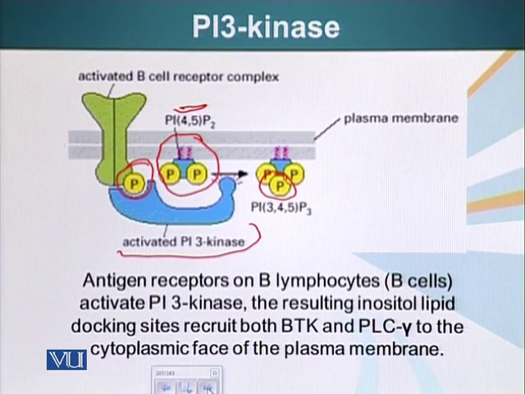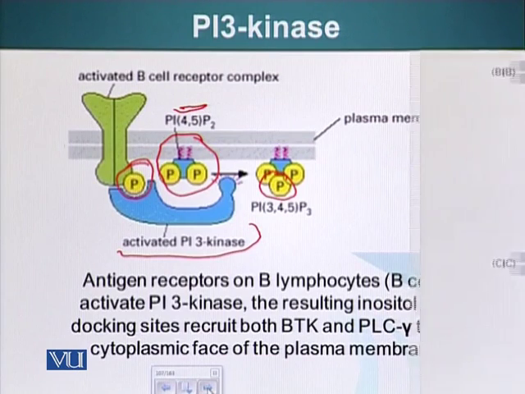So when antigen receptors or B cell receptors are activated, PI3 kinase is activated, resulting in inositol lipid docking sites, which can recruit two molecules, BTK and PLC gamma, to the cytoplasmic face of the plasma membrane. So let's look at these molecules.